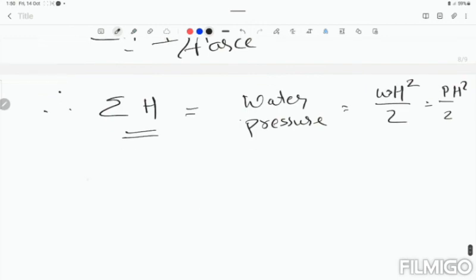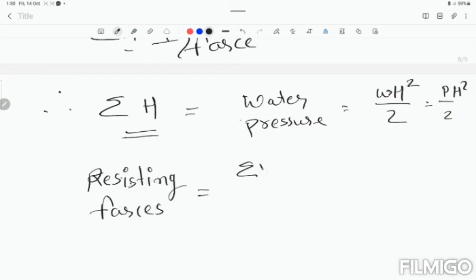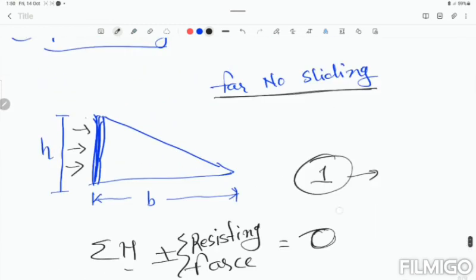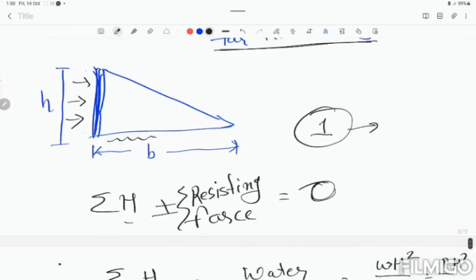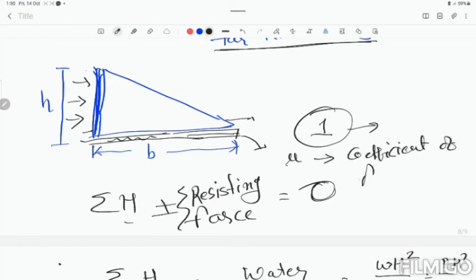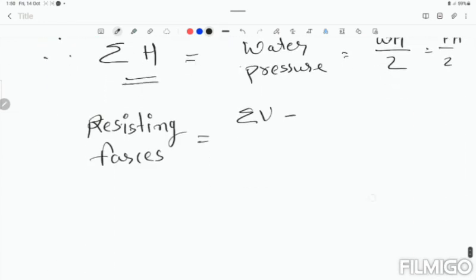If we are talking about resisting forces, we will get the summation of vertical forces, and some amount of friction is also generated here with the contact of the dam base and the soil base. If we take mu as the coefficient of friction, then we have vertical forces times the coefficient of friction, divided by horizontal forces.